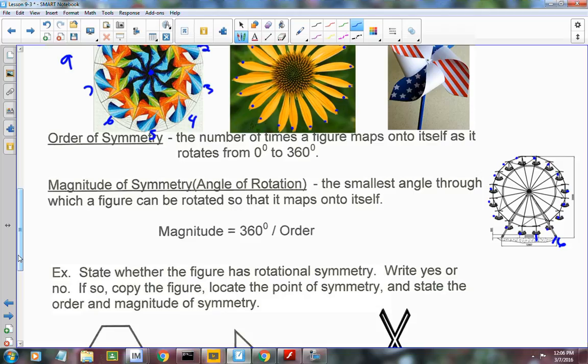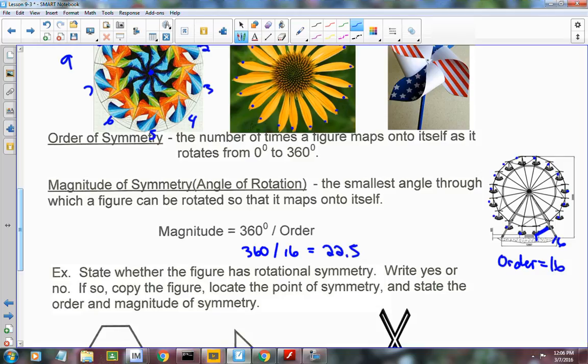It has an order of 16. So to find the magnitude, I take 360 and divide it by 16, and I end up with 22.5. This angle right here between these is 22.5.